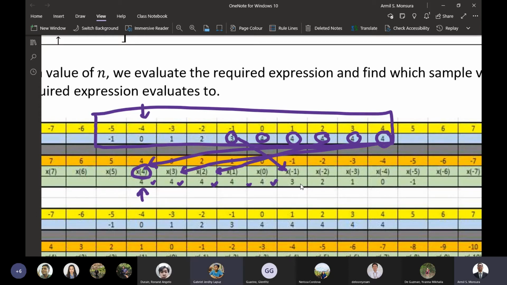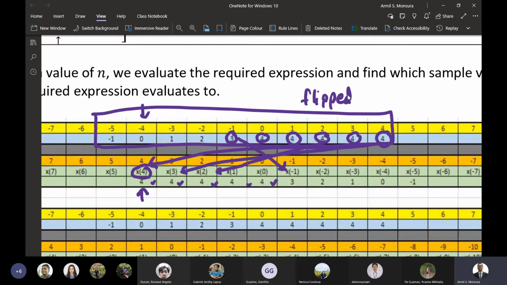Nag-flip po. Yun nga yung tawag dun sa operation, nag-flip siya. Okay, the signal was flipped. So, essentially, ang mangyayari dyan is, lahat ng signal values ninyo na may index na positive n, mapapalitan ng negative n yung index nila.